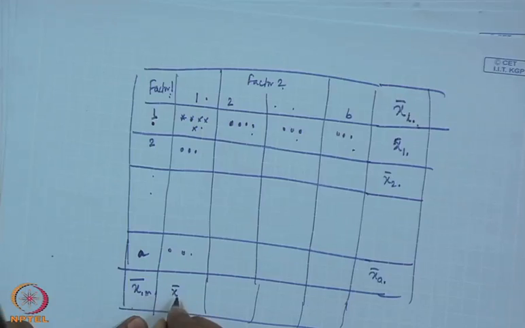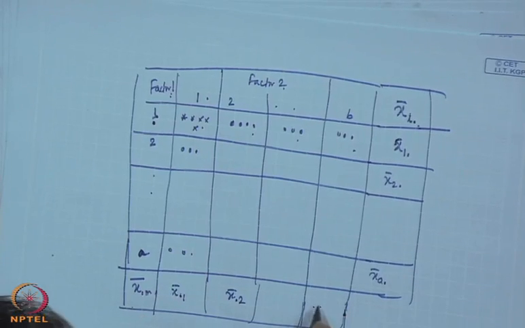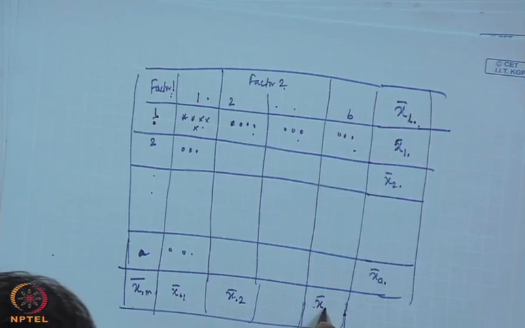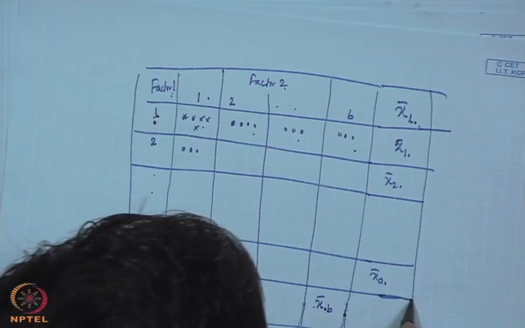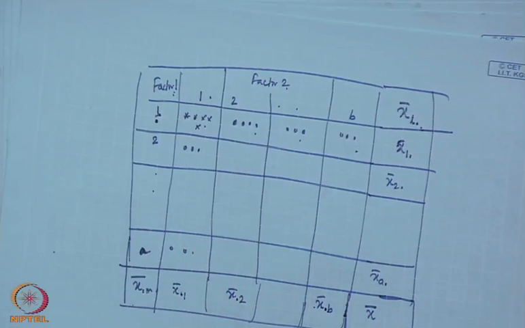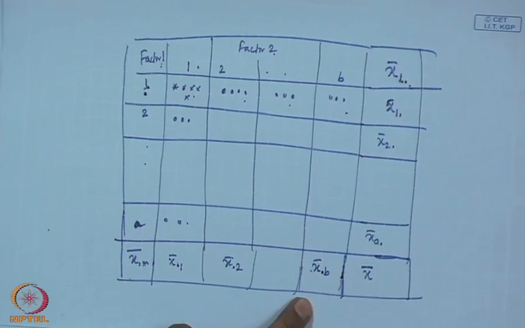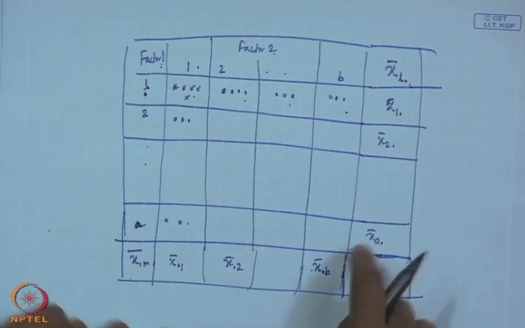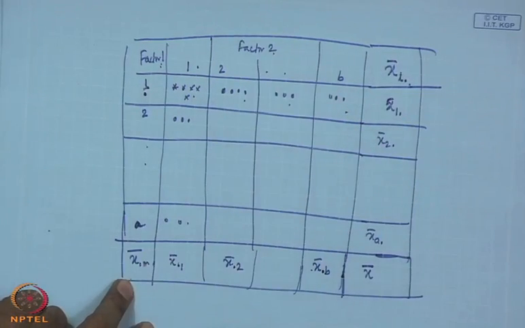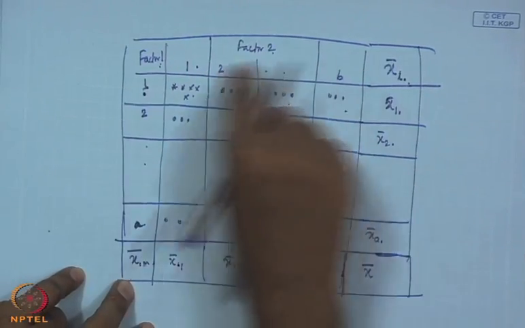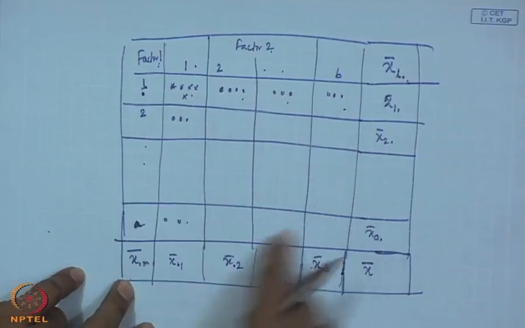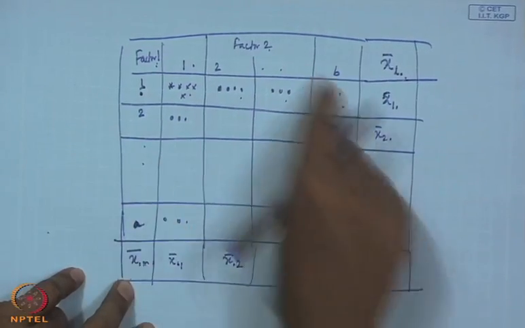So this will be x bar dot 1, x bar dot 2, like this up to x bar dot B. Then here will be one grand average. Grand average means I do not consider factor 1 or factor 2, I consider the total; it is the average of all the values given here.